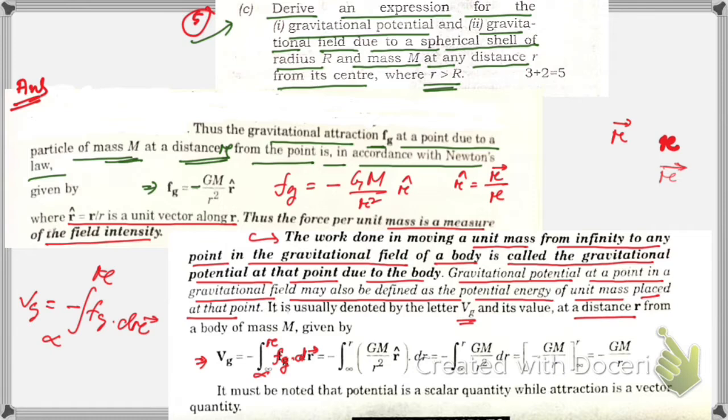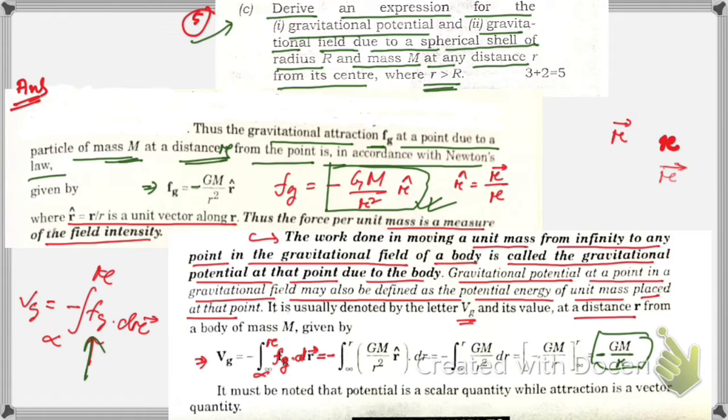You should write this way, and there is a negative sign here. Now this Fg is nothing but minus capital G capital M by r square r cap, so you can replace Fg with this result. If you do so and simplify, integrating and all, you will get the final result.